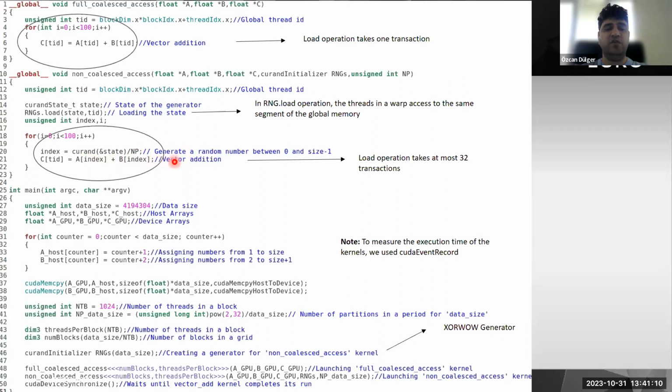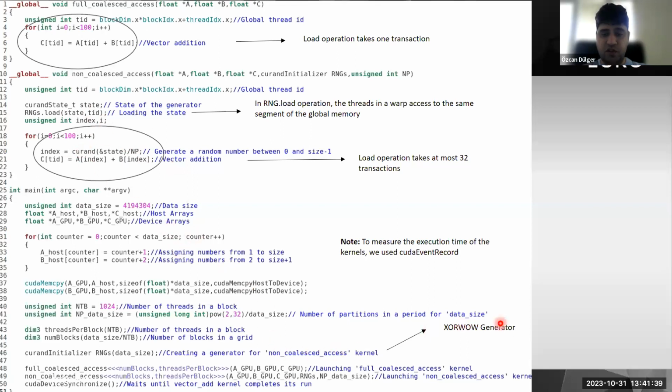In the worst case, all of the threads in the warp access distinct segments of the global memory, so the warp accesses 32 different segments. That means load operations of A and load operations of B will take at most 32 transactions in this kernel.